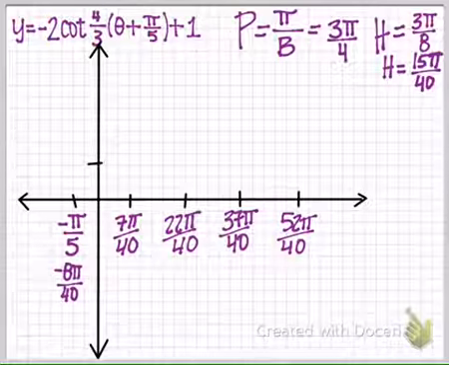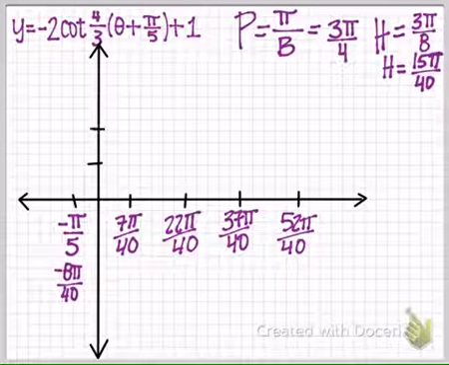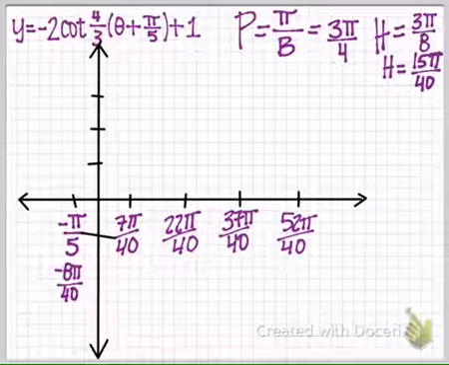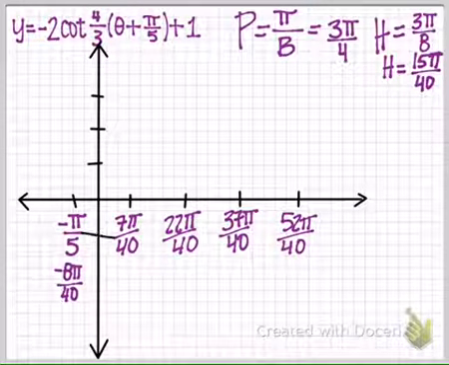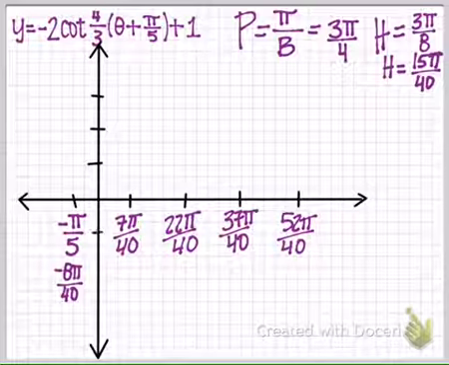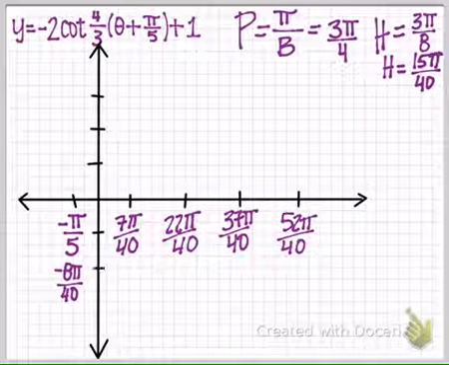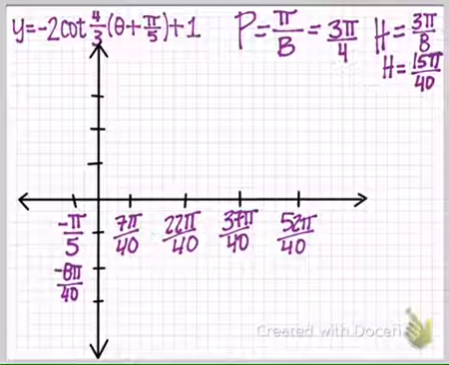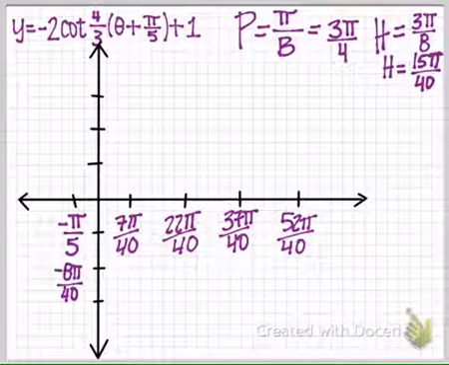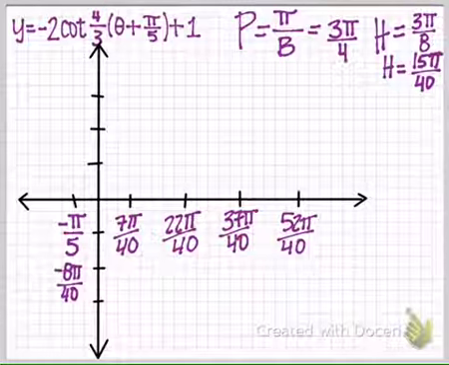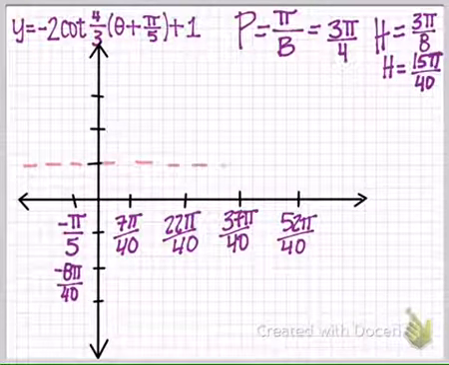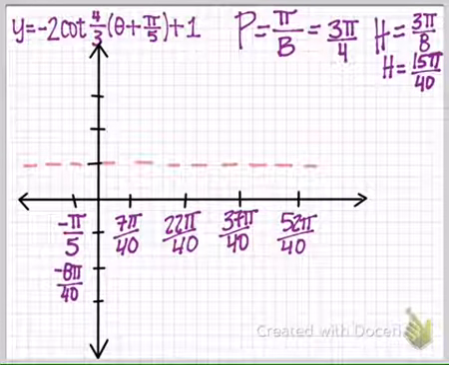Over here, that could be 1, then 2, about 3. That's 0. There's -1, -2, and -3. Something like that. All right, so where am I drawing my sinusoidal axis? At 1. So going across horizontally at y equals 1, we have our sinusoidal axis.